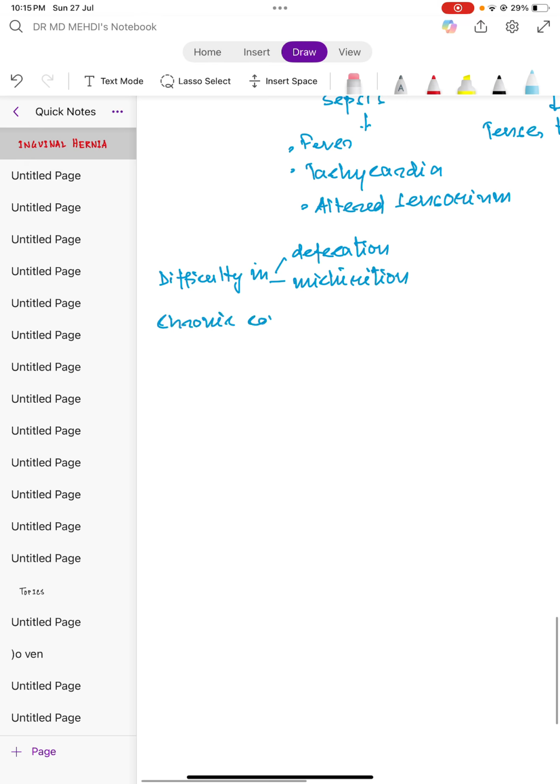Now chronic cough can be due to COPD, it can be due to asthma, it can be due to TB in the tropical scenario. Okay.